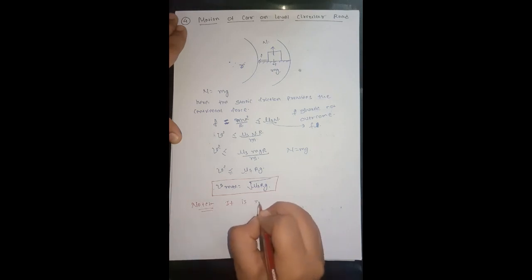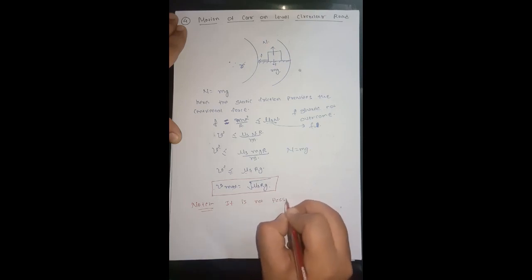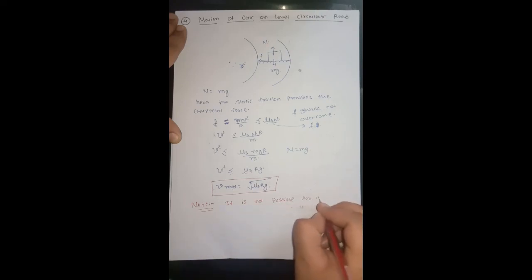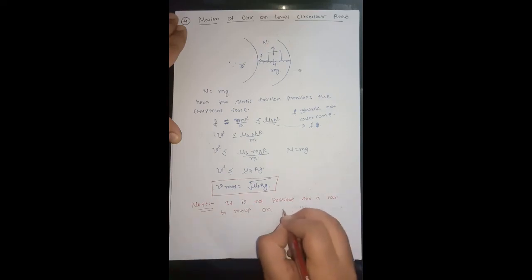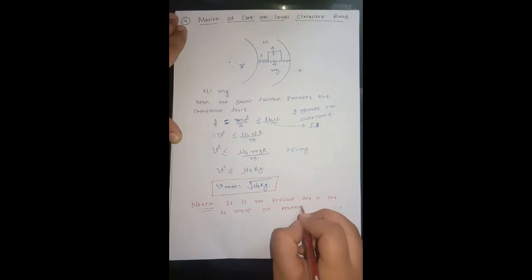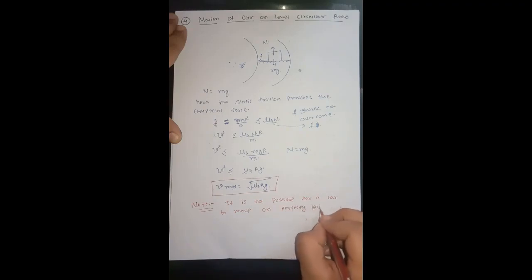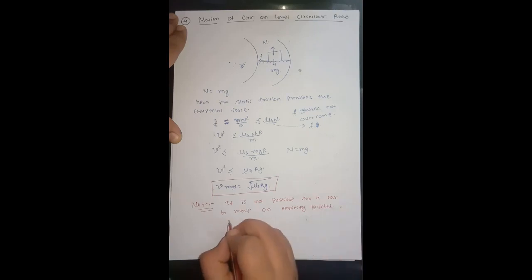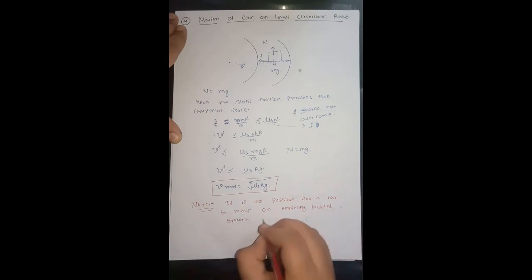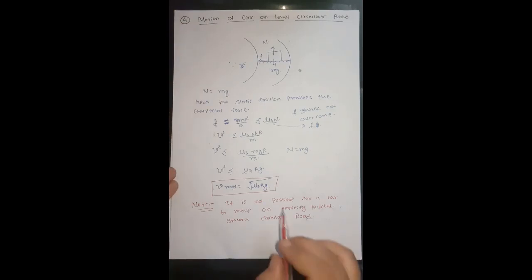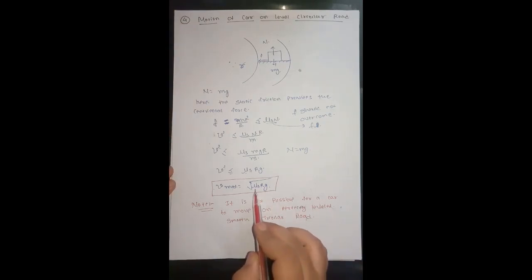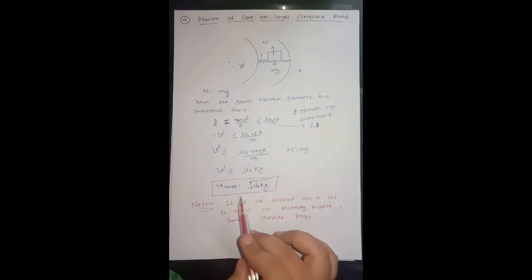It is not possible for a car to move on perfectly level, smooth, circular road. It has to have some friction, because if it is perfectly smooth, then mu s will be 0, and if mu s is 0, then v max will also be 0.